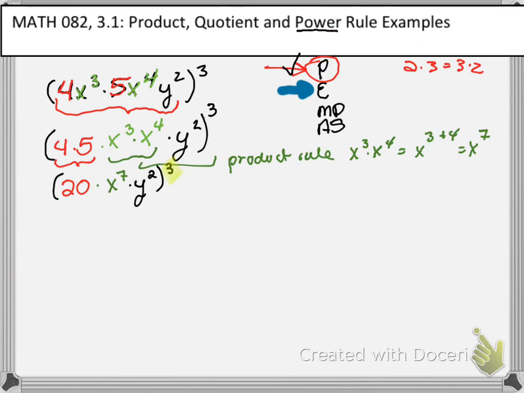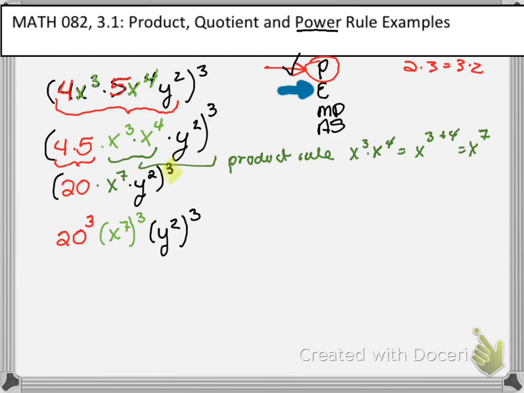What's going to happen is that every single term in these parentheses is going to get cubed. So we have 20 cubed, x to the 7th, quantity cubed, and then we have y squared, quantity cubed.